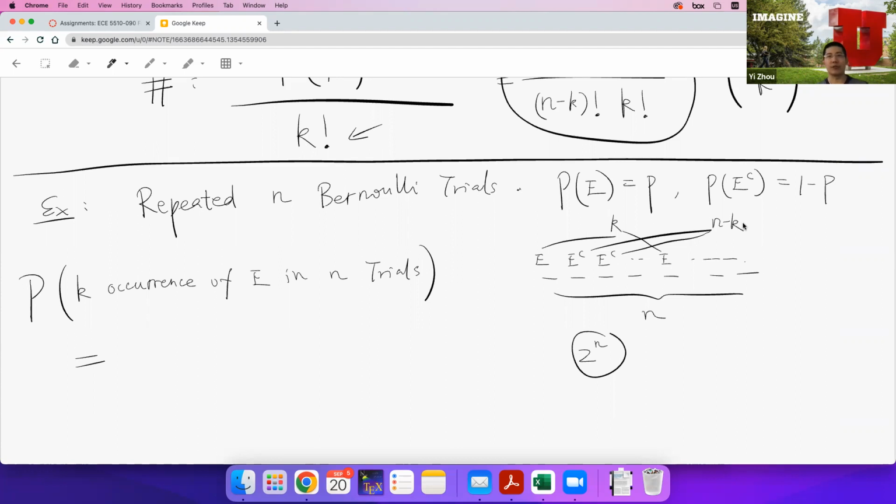So the first question is, how many different outcomes do we have corresponding to this event? Among N different trials, we have exactly K number of E. How many combinations do we have?